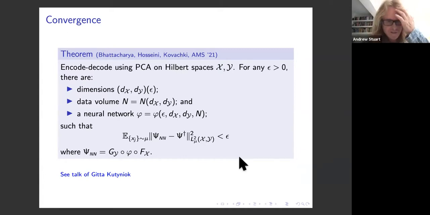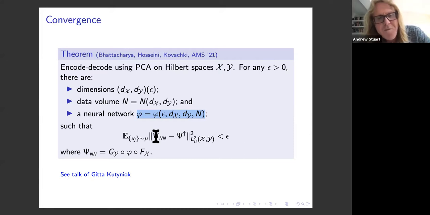What it says is that given any epsilon, it's possible to choose the dimensions of the latent spaces, the data volume n, and then a finite dimensional neural network, which will depend on epsilon, the dimensions and n, to obtain epsilon accuracy. This is measured in the Bochner norm and averaged over the data.